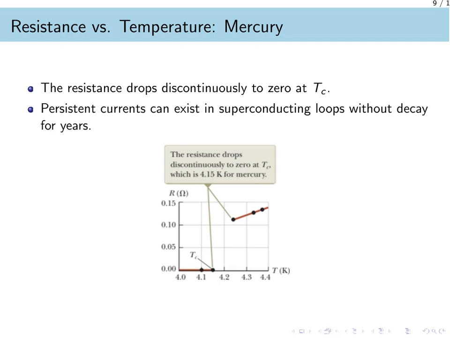For mercury, this critical temperature is 4.15 Kelvin. Because the resistance is completely zero below this point, persistent electrical currents can be established in superconducting loops. These continuous currents can flow without any applied voltage and without any measurable decay for several years.